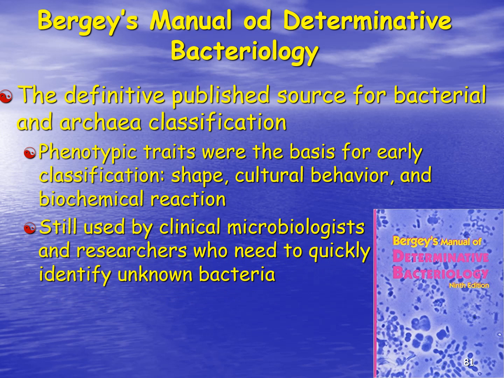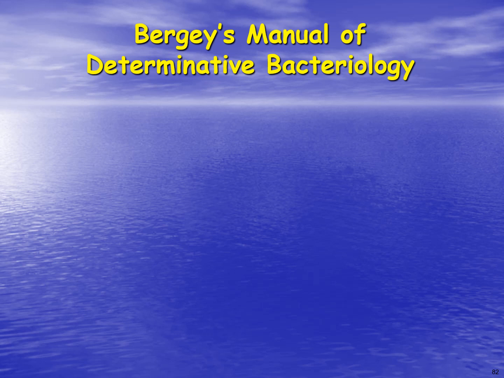It's still used today by clinical microbiologists and researchers who need to quickly identify unknown bacteria. Basically, Bergey's Manual has everything that we know as of today about bacteria and some of the archaea. Currently, we're in the 9th edition, but I think the 10th edition is coming out shortly.